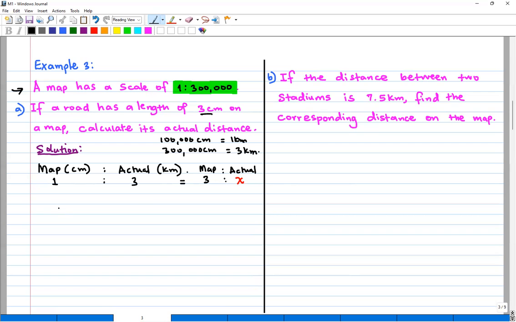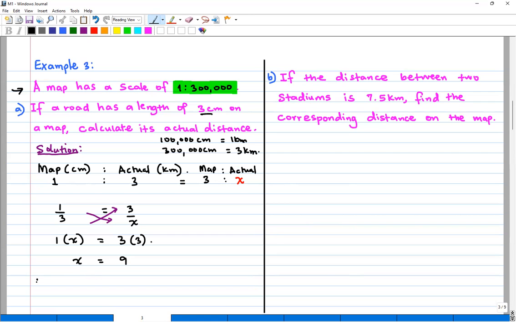Now let's say 1 out of 3 is equal to 3 out of X. Now, let's do cross multiplication so that we have 1 times X is equal to 3 times 3, so that X is equal to 9.